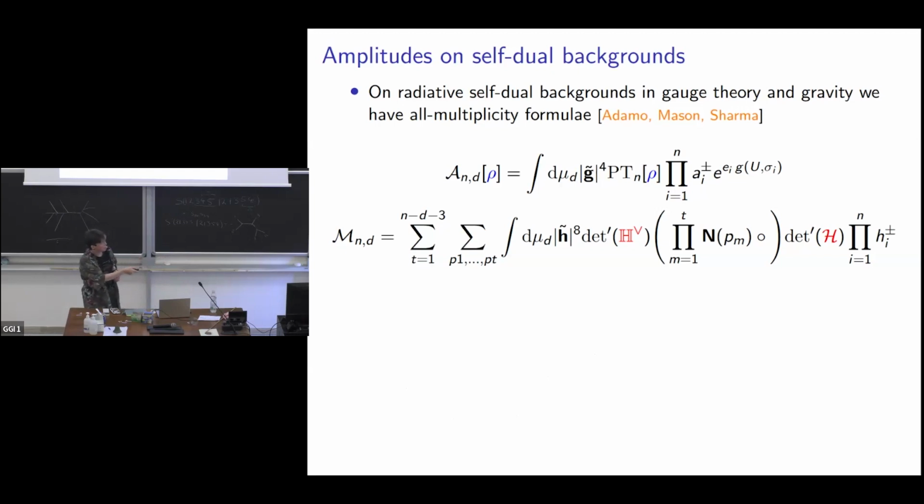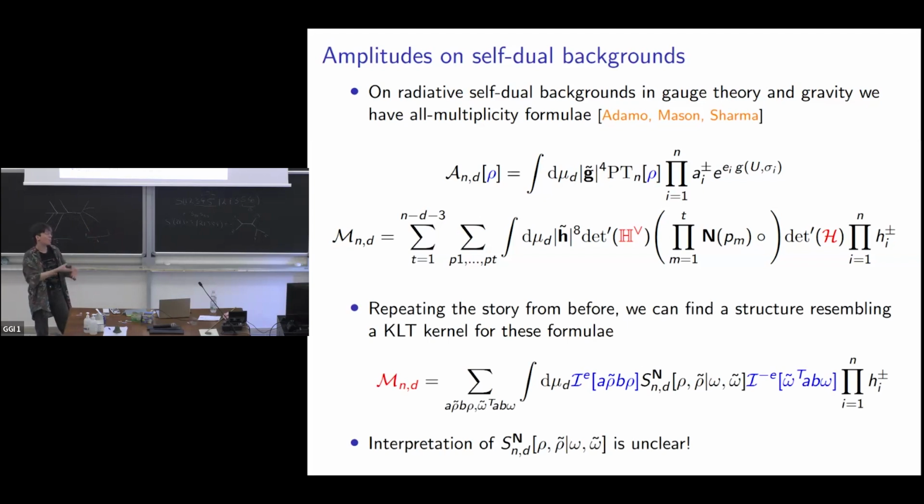The gravitational amplitude, which is also on a radiative self-dual gravitational background, has very similar components to the flat space one, in terms of these reduced determinants of matrices like Hodges' matrix, and then some operators acting on them. Because we see these very similar structures, you can just apply the same story that I was talking about before to these amplitudes, and you can find something. So you can write this as this, if you want, summing over some bases of orderings, and you find an object here.